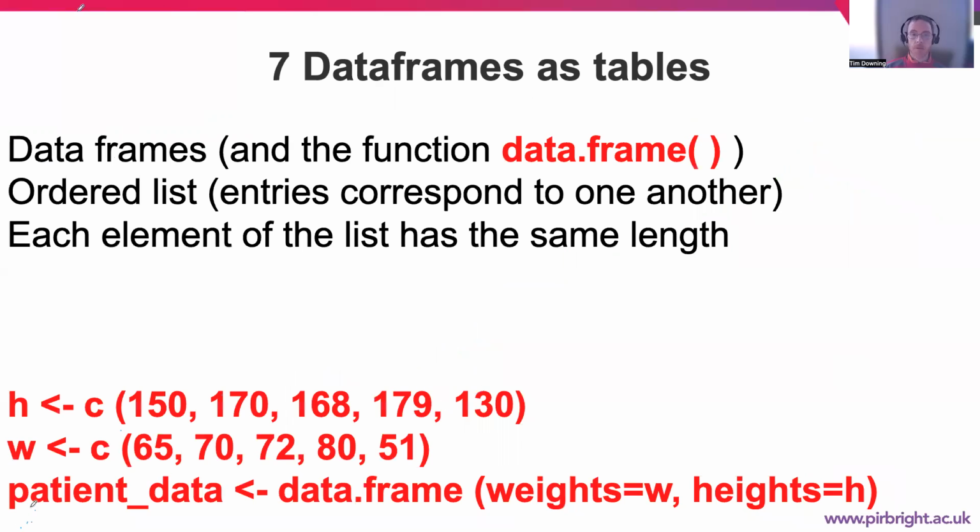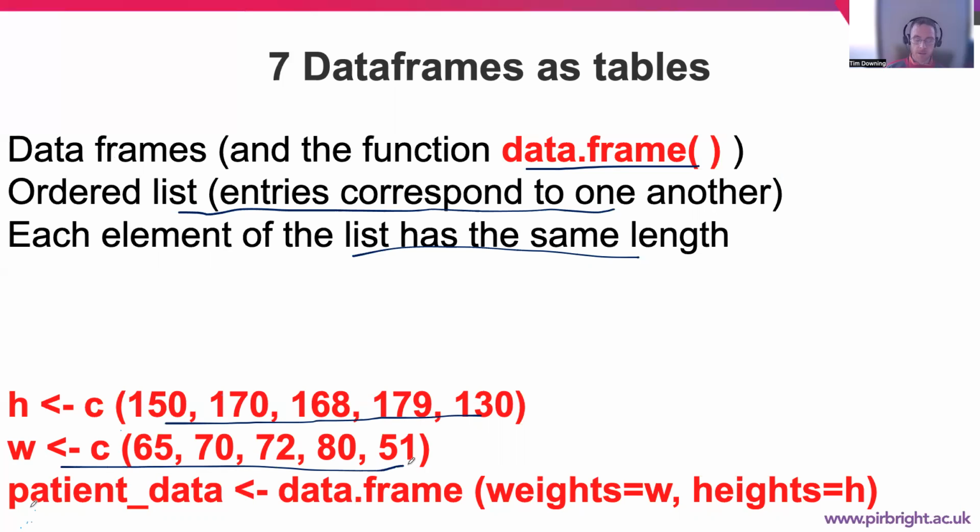So data frames use this function data.frame with an argument in the middle containing the data we want to look at. This is like an ordered list where the entries correspond to each other, and each element of the list has the same length. So for example, we can create a data frame by saying that maybe H is heights here. We can concatenate 5 heights together in this order, and maybe W is weights, and we can have 5 weights together in this order.